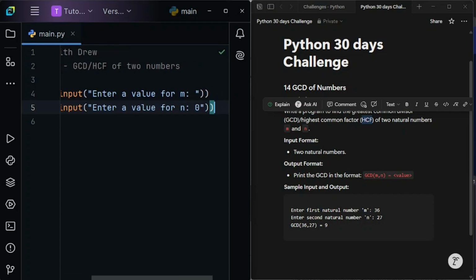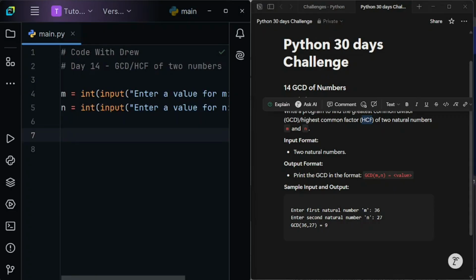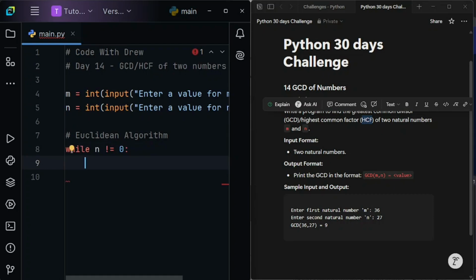Alright, now that we have these two numbers, there's this algorithm we are going to use, and I don't think I know the pronunciation, but I think it is called the Euclidean algorithm. What we want to do is make sure that n is not equal to 0.